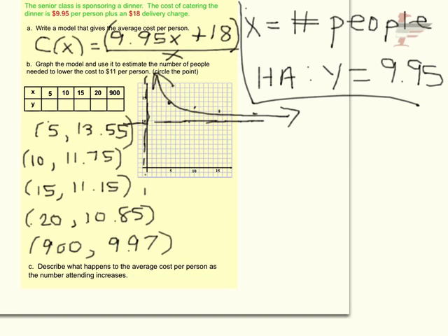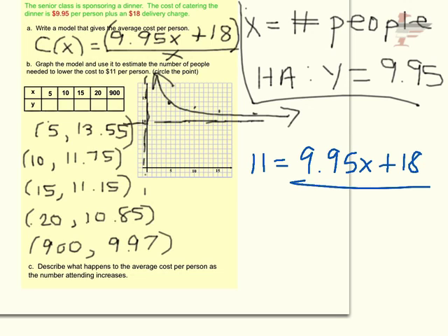If I go to $11 per person, I can estimate, well, actually if I look at just my points here, between 10 and 15, it's going to be in between 11.15 and 11.75, but because I can't really tell from my graph, I'm going to plug in 11 for my cost per person, and then I can just do the algebra because it's really not bad algebra.